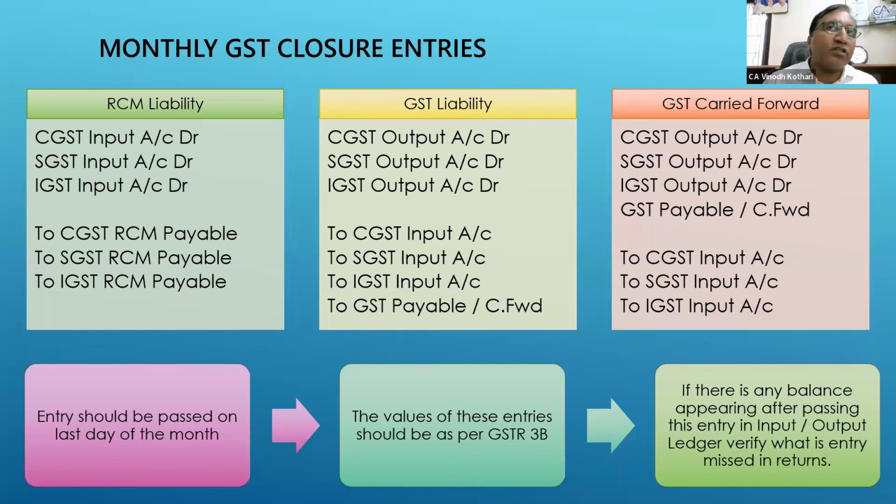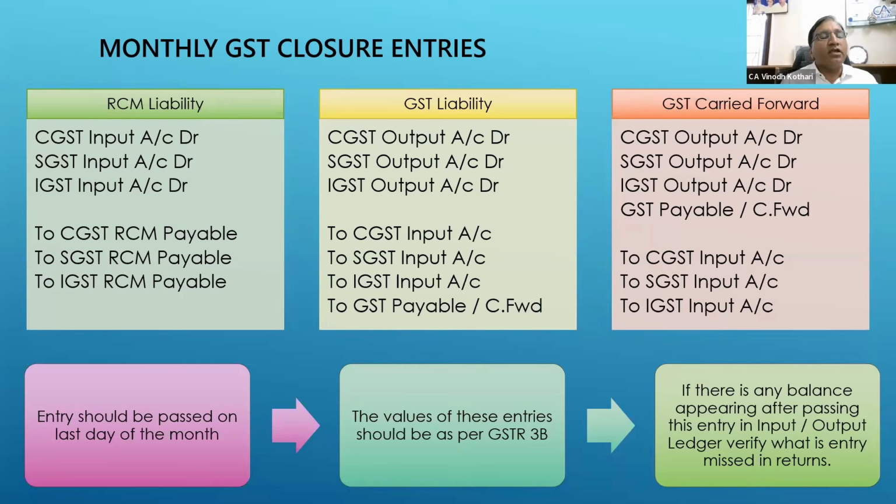See, some people create only 3 ledgers: CGST, SGST, IGST, and those 3 ledgers they use for both input and output. Then this method will not work. So you have to create separate ledgers for CGST input, SGST input, IGST input, CGST output, SGST output, IGST output. The third category is another kind of accountant.